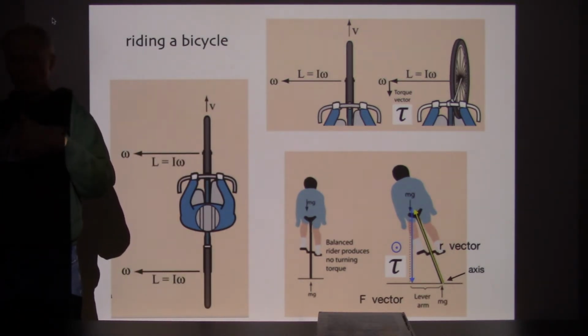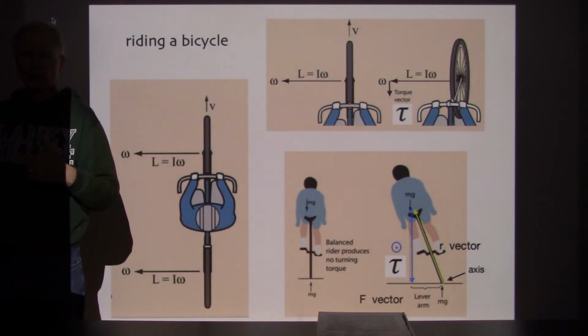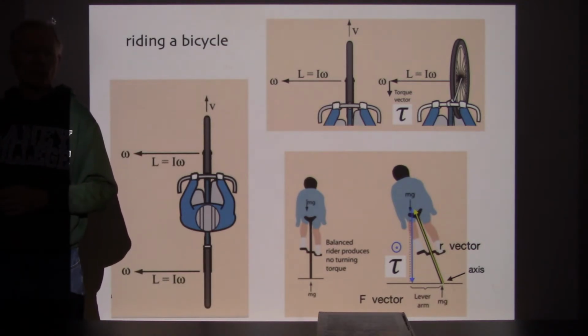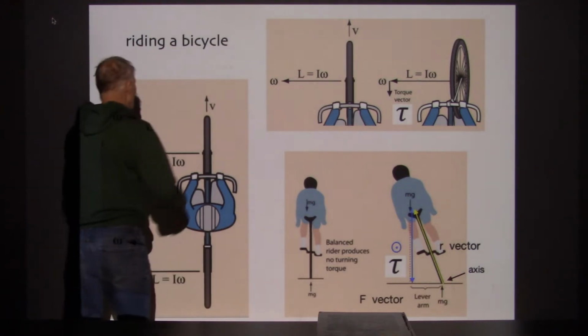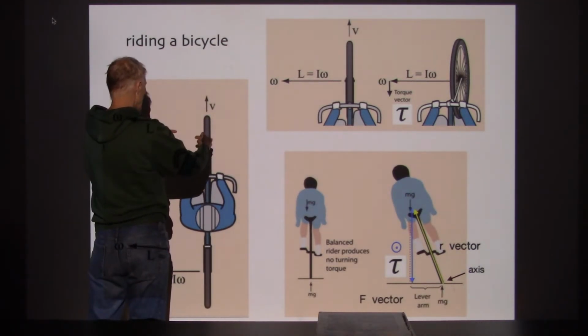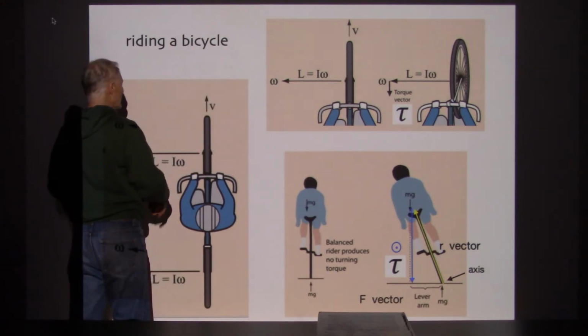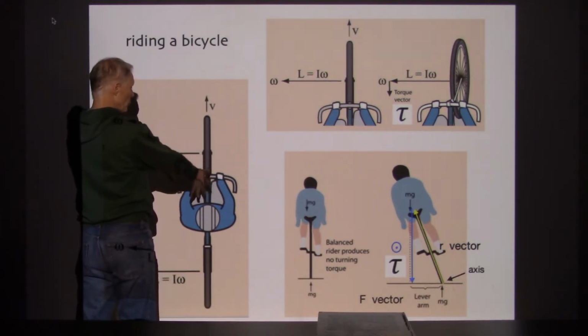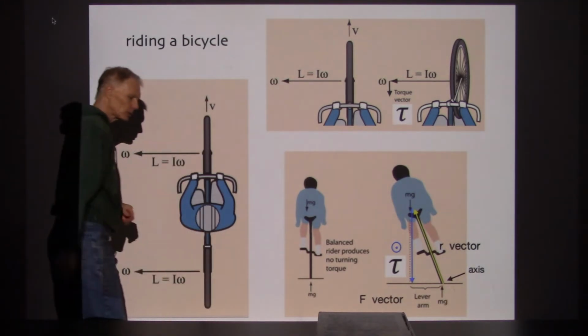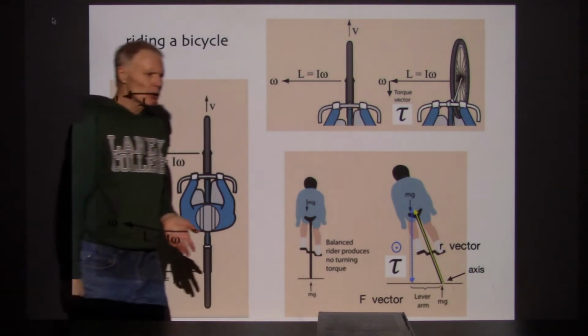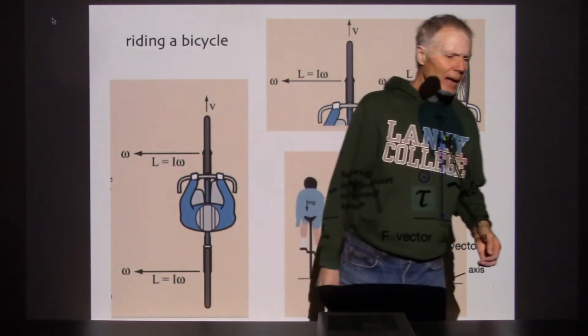Because you think, well, if the bicycle wheel is spinning, shouldn't the vector somehow be symmetrically placed? But what we do, if you remember, is if the bicycle wheel is spinning one direction, then we put the arrow in one direction. If this person were riding backwards, then the angular momentum would be in the other direction. So it took some getting used to thinking about the vectors in that fashion.